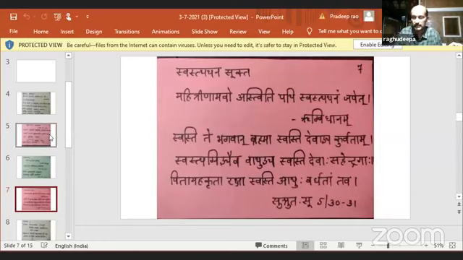That is the context where Swastyayana Sukta is mentioned: Swastyayanam Pathi Japet. Pathi means during your journey, this mantra should be chanted, so that you will not get anything in the form of accidents or disturbances to your journey. So that is Swastyayana Sukta.